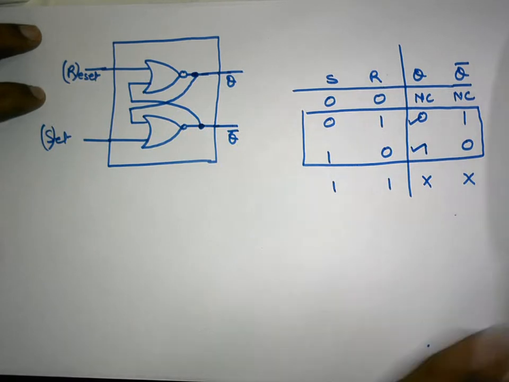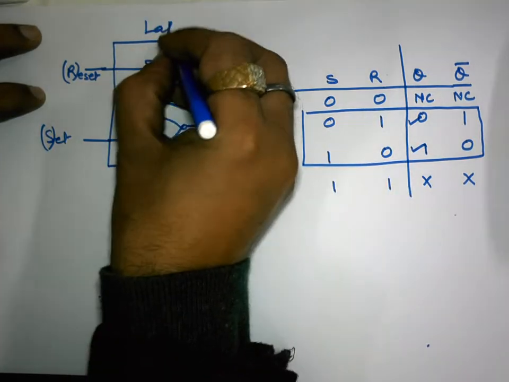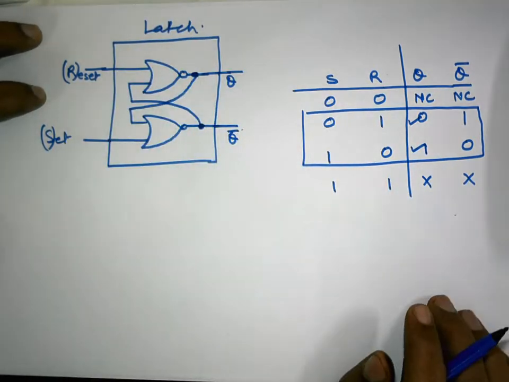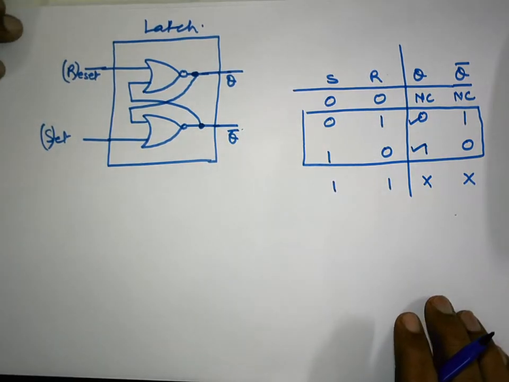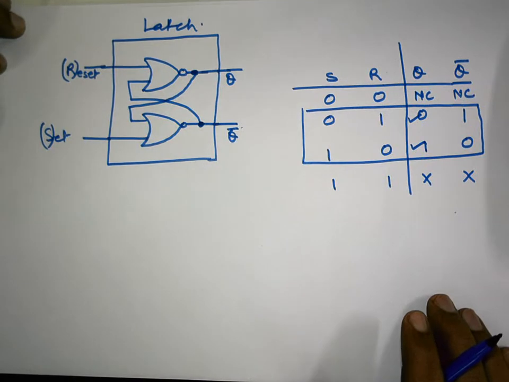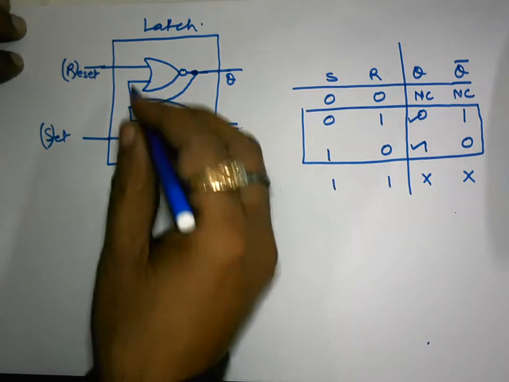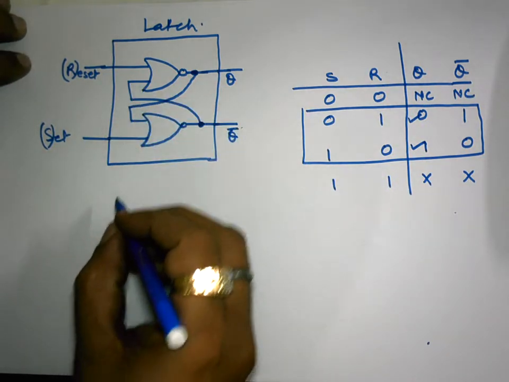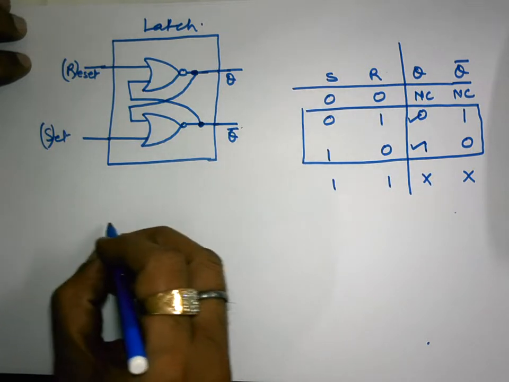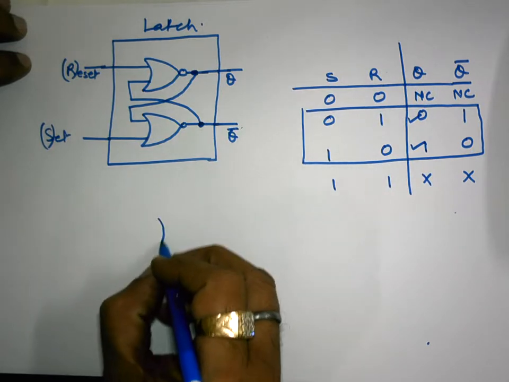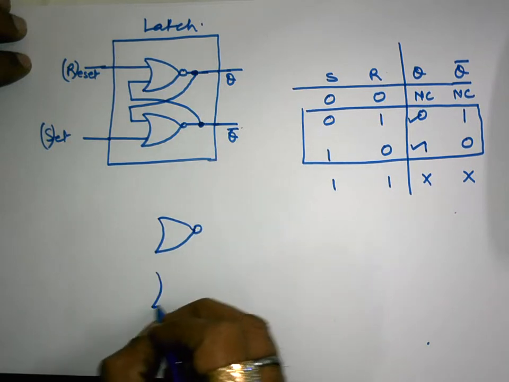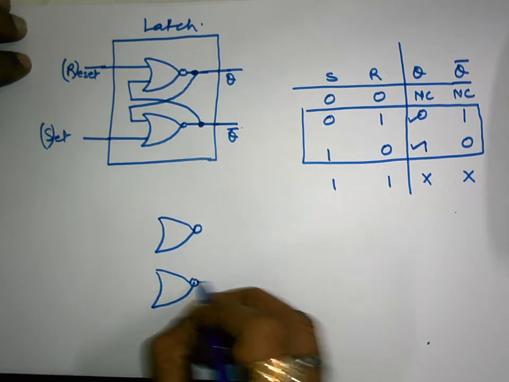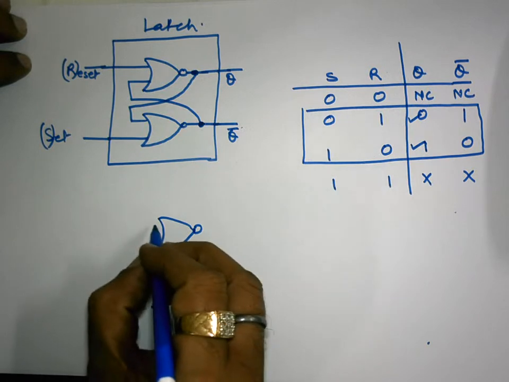But before going into this, let us do a little modification in this latch itself. Suppose instead of applying it like this, we insert two more gates in the circuit.